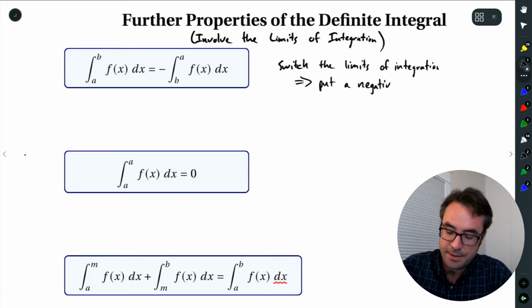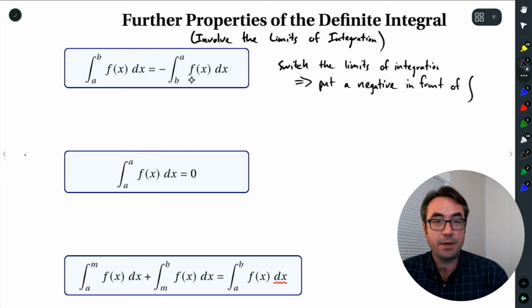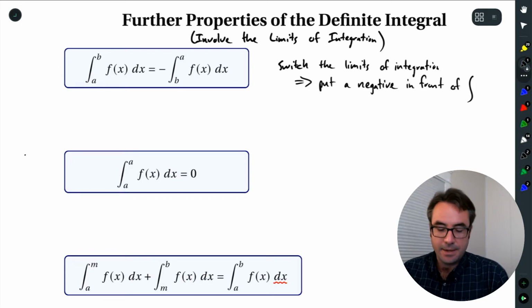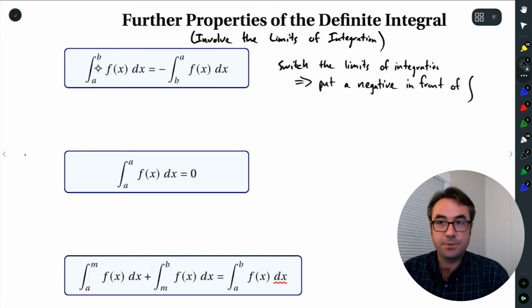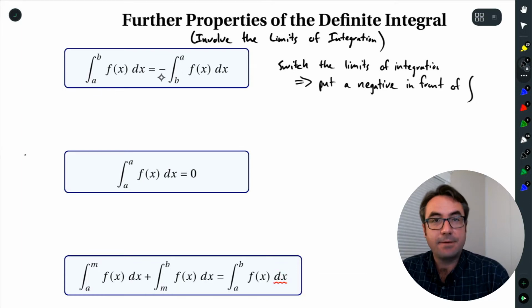And so that's why the order matters. When we do our evaluation, the order in which we plug in, top number goes in first, bottom number goes in second, that order actually does matter and is also reflected here with this property. So if we switch these out, you have to account for that. Put a negative in front of the integral sign.